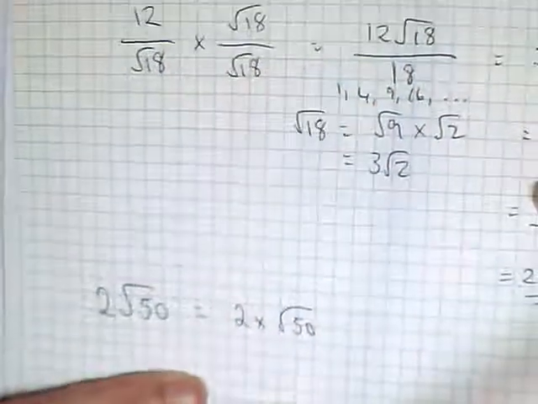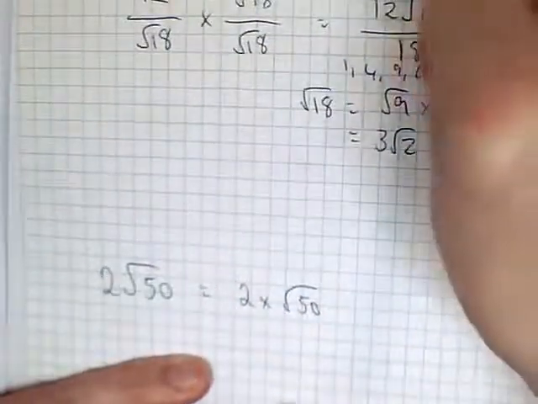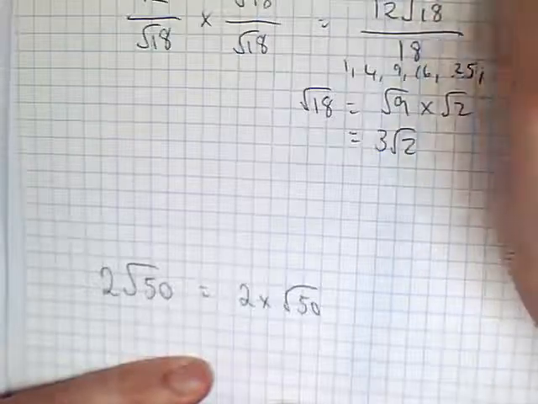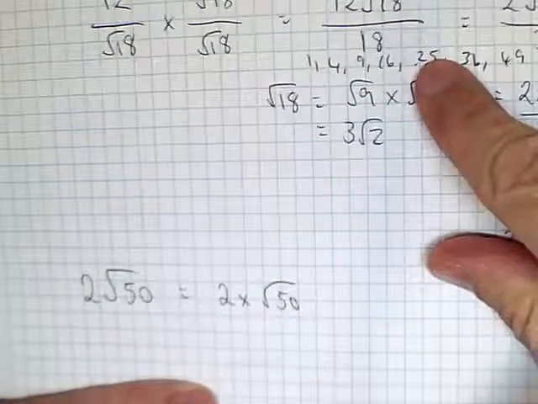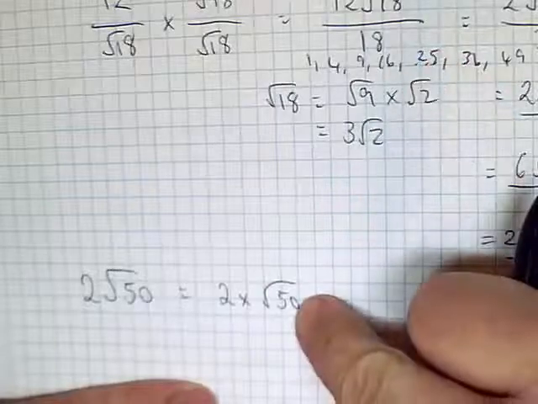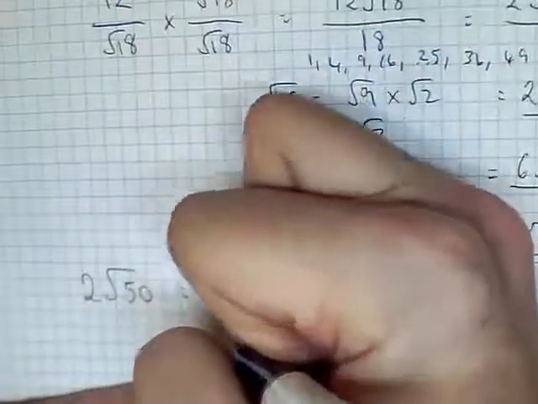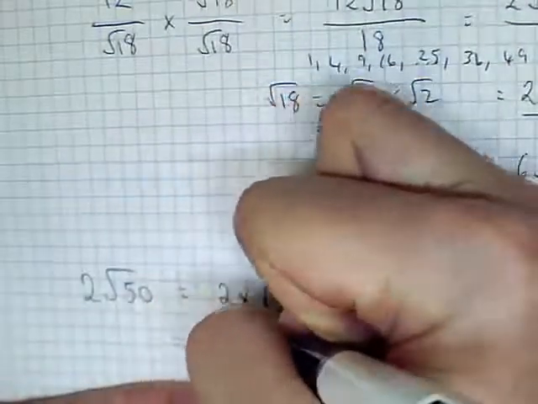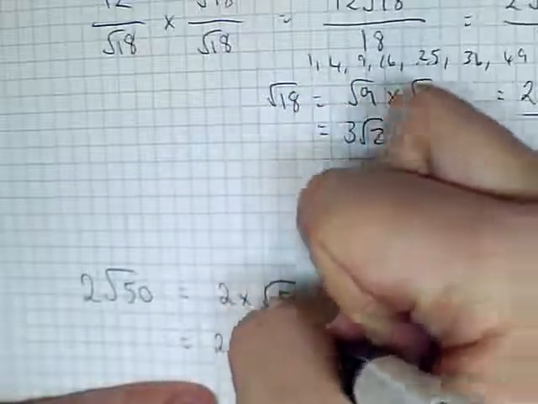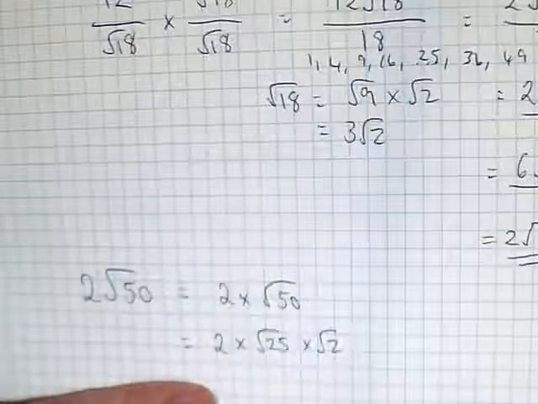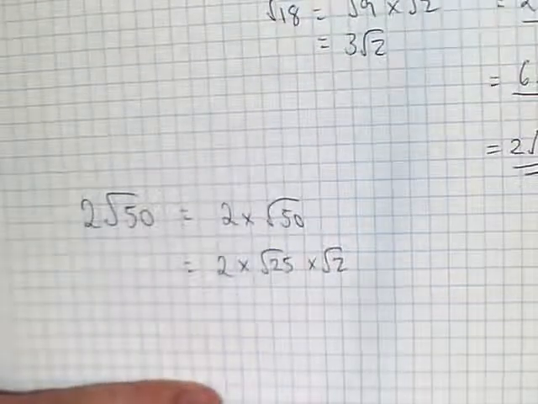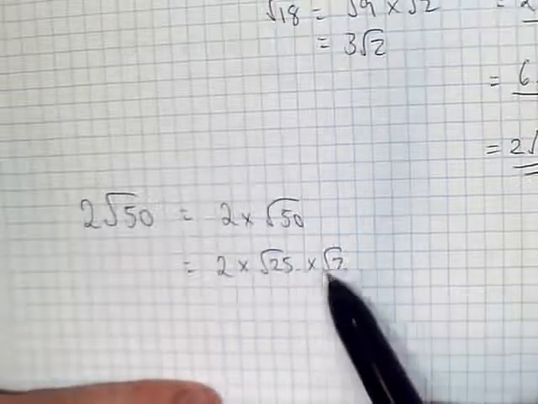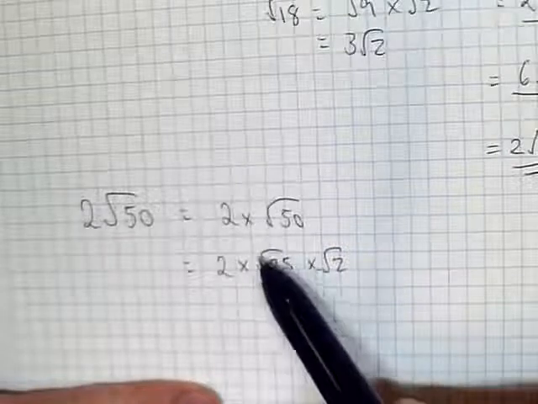And if we think about our square numbers, if I just continue this list a bit more, you should be able to spot that 25 times 2 makes 50. So I can write this as 2 times root 25 times root 2. Remember, it's not going to be root 25 times 2. That's not going to work. They need to be both surds.